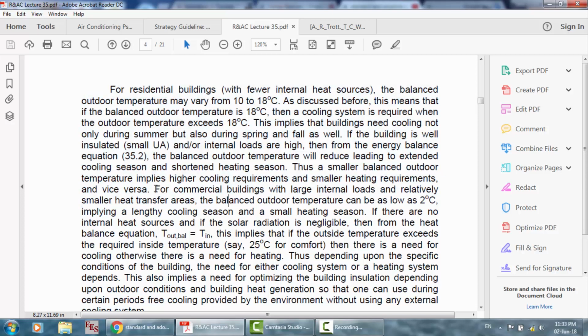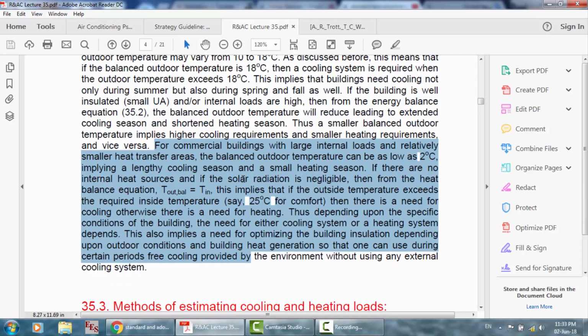So for commercial buildings with large internal loads, note that the previous was for the residential buildings, and we have here for the commercial buildings with large internal loads and relatively smaller heat transfer areas, the balanced outdoor temperature can be as low as 2 Celsius, implying a lengthy cooling season and a small heating season.